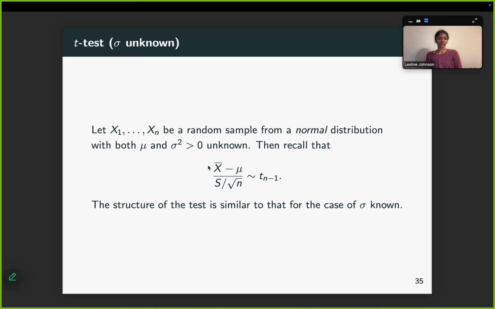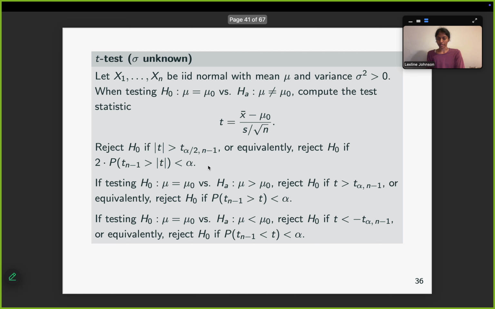But since it's not the most accurate, we have to use our t variable instead of z, and we use a t-table for this. So if it's normal with our mean and variance, we can test with our null hypothesis that our mean mu is equal to some value, and our alternate hypothesis that our mean is not equal to the value.